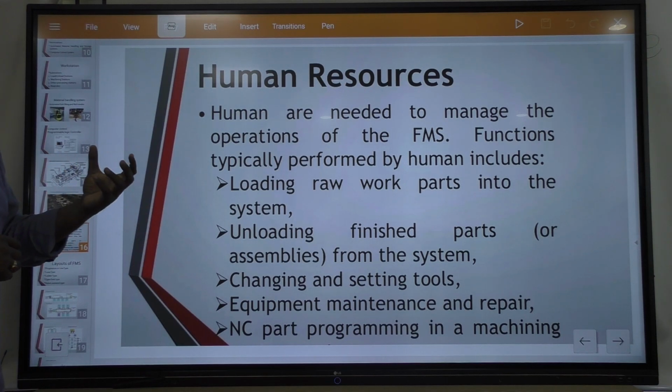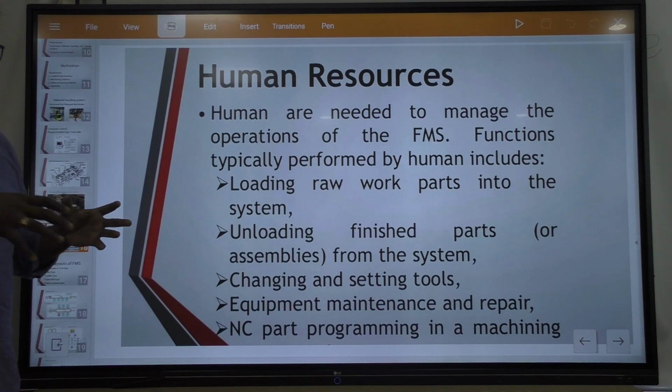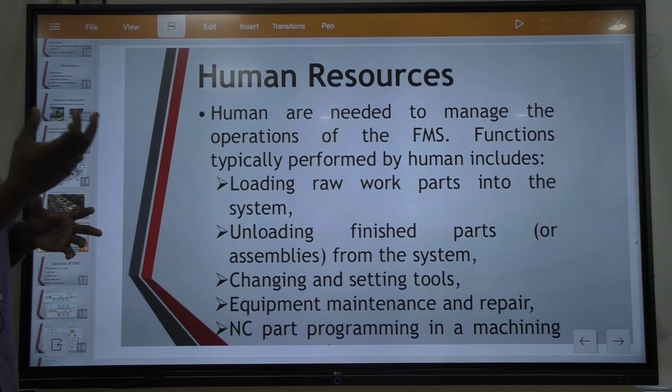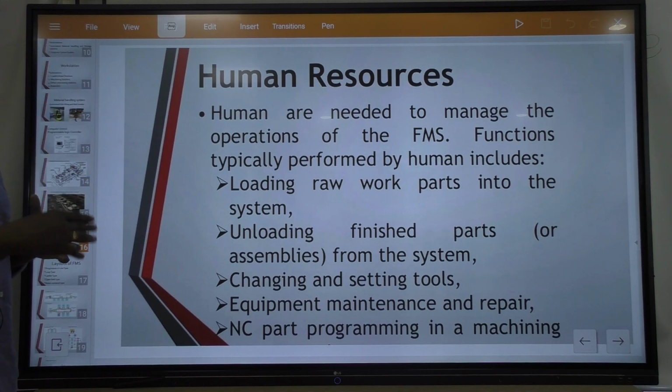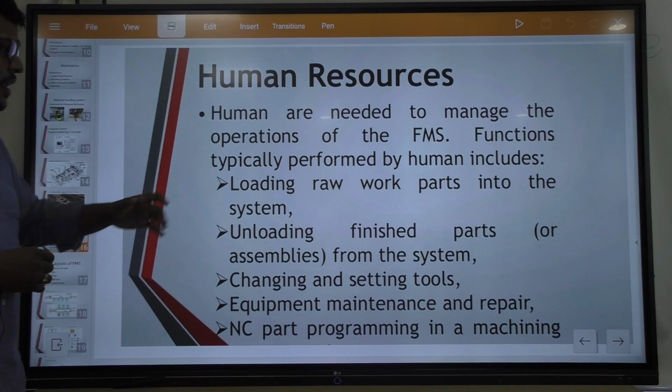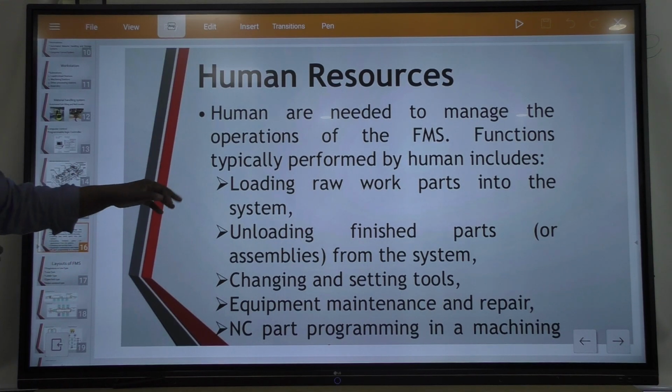If you use some type of robot, if you send the raw material in the flexible manufacturing system, it will directly go and load the part, and after the operation has been completed, it directly unloads the part. That thing will be possible by the help of this flexible manufacturing system. Now the second one is unloading finished parts.